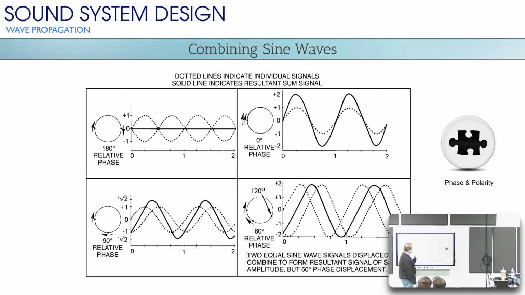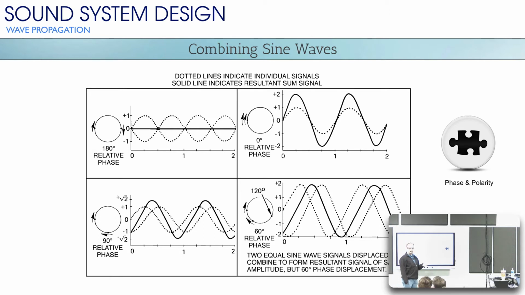Here's an interesting one. 120 degrees combines to have no change in amplitude. They're off just enough that they don't change the amplitude, but the phase of the resultant wave is offset by 60 degrees. Okay, but there's no actual change in amplitude.